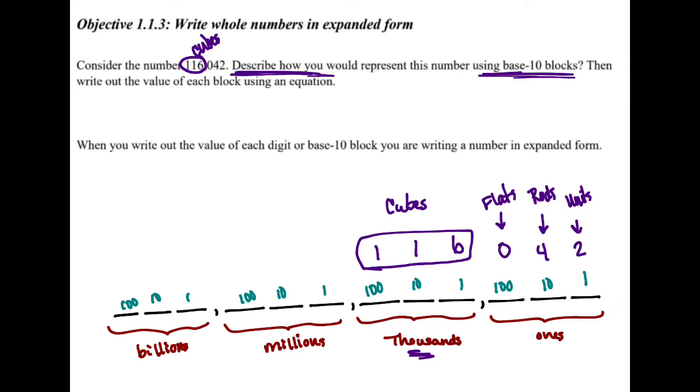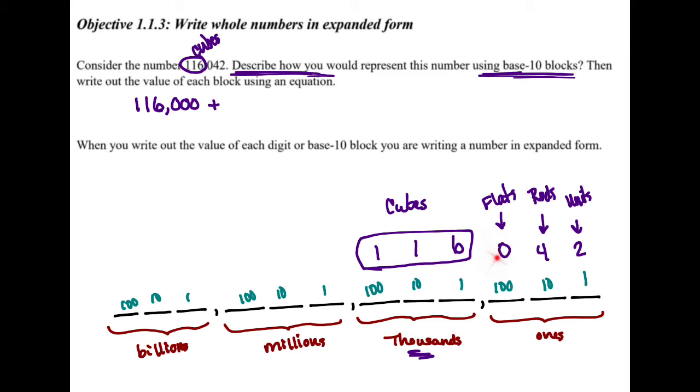Okay, then it wants you to write out the value of each block using an equation. That's the expanded form that we were talking about, and that's why we're talking about expanded form here. So let's do that as 116,000 plus, now we don't need to worry about the hundreds because there are no hundreds, right?